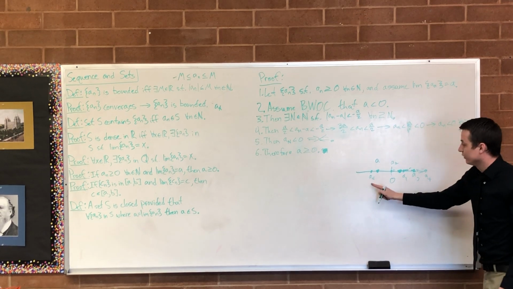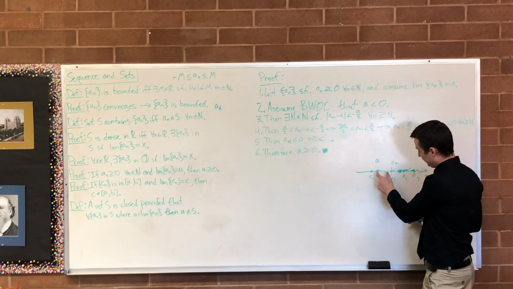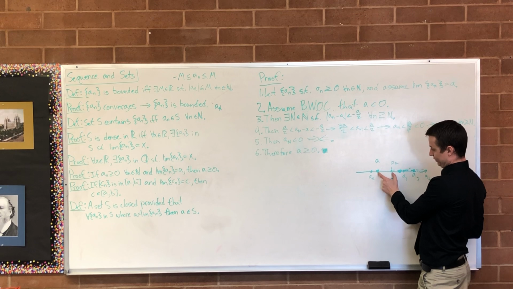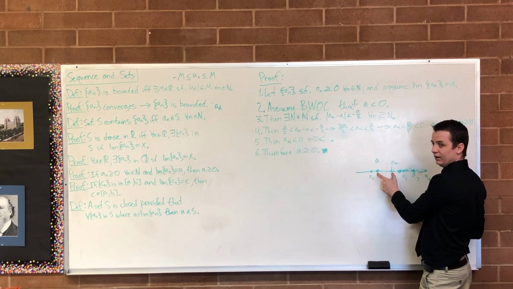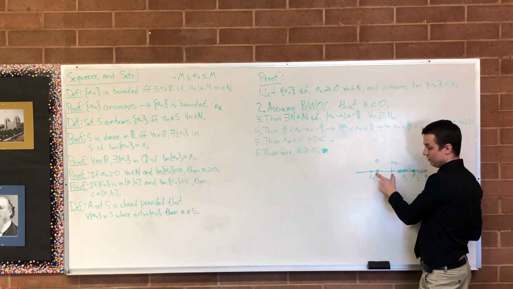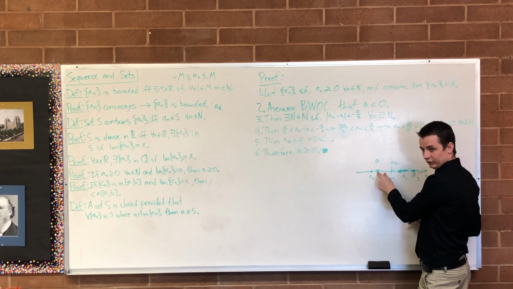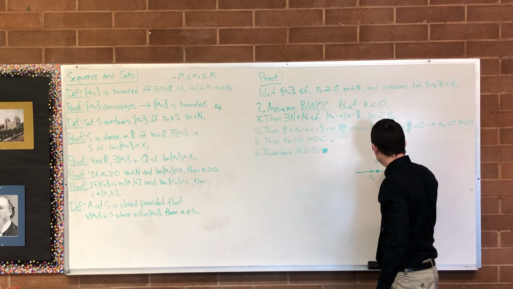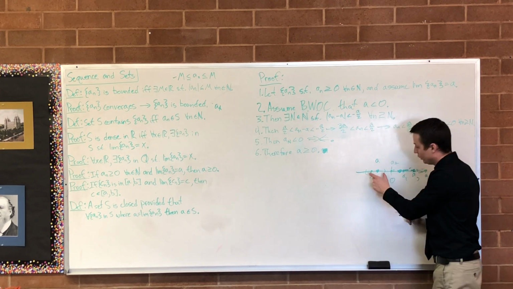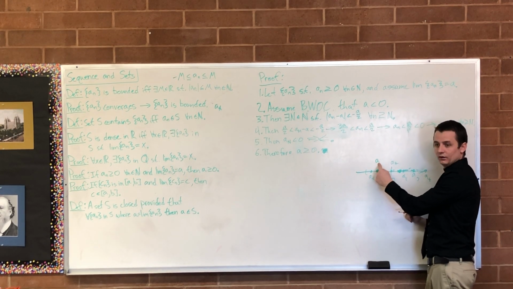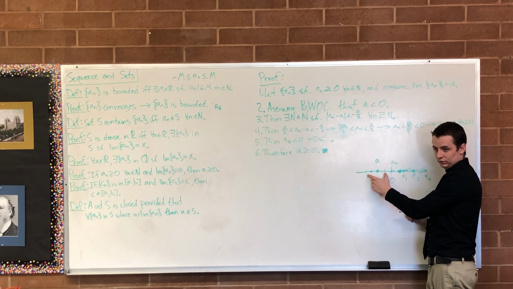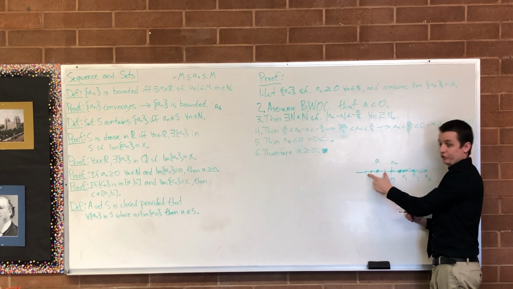Okay. How do I find one over here? I pick the distance. I pick half this distance. So this distance right here is negative a. Right. So half the distance is negative a over 2. So I pick the distance negative a over 2, which means that if you are within negative a over 2 of a, then you're in this interval. If you're in this interval, you're for sure negative.